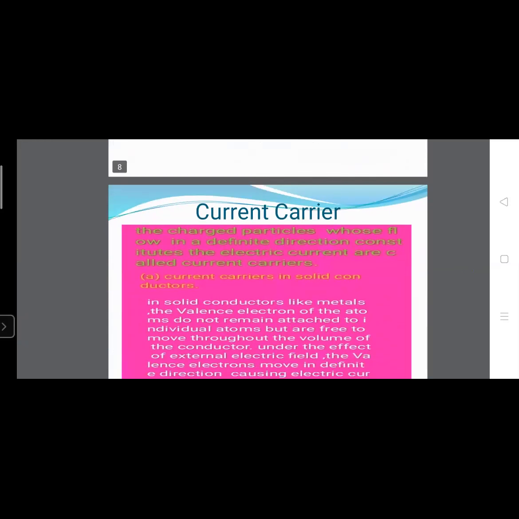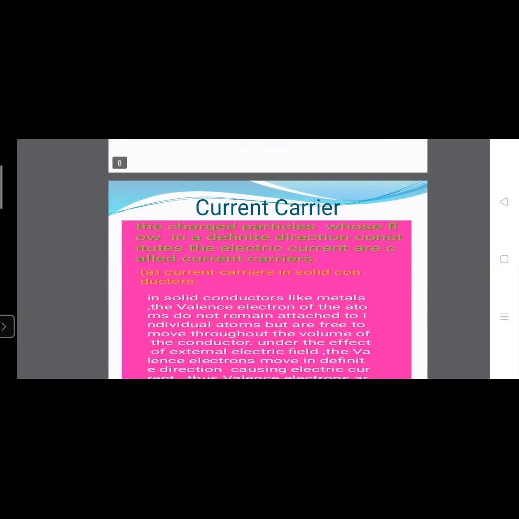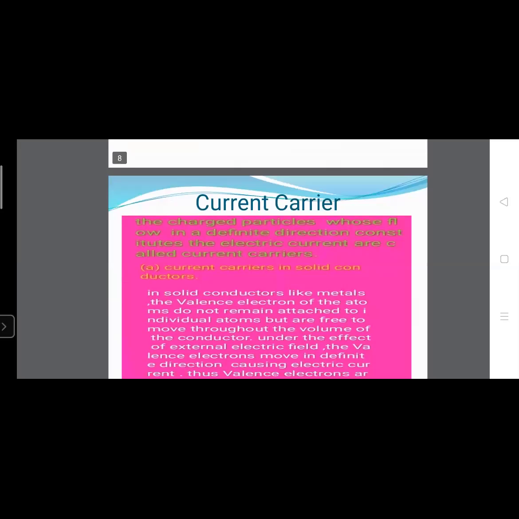Now different conductors have different current carriers. So what are current carriers? The charged particles whose flow in a definite direction constitutes an electric current are the current carriers. For a solid, the current carriers are electrons. Clear?